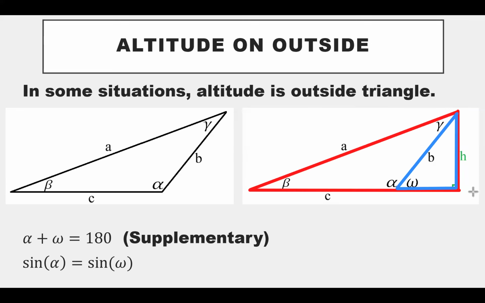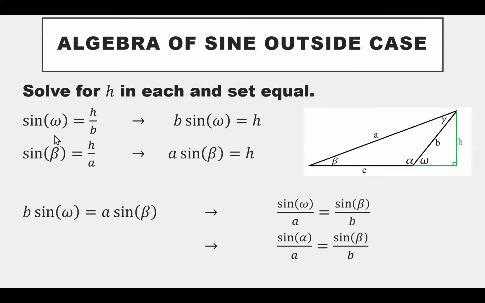The two triangles I'm looking at are these two, the red one and the blue one. Again, sine of beta is equal to the opposite h over the hypotenuse, which in the case of beta is a. This time we'll use sine of omega is equal to h over b. We multiply by b and get b sine of omega is h.